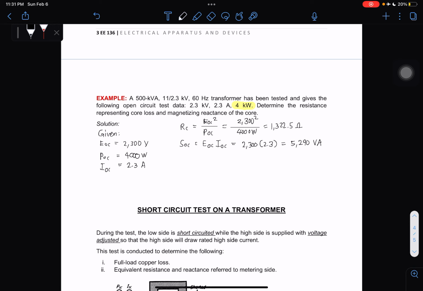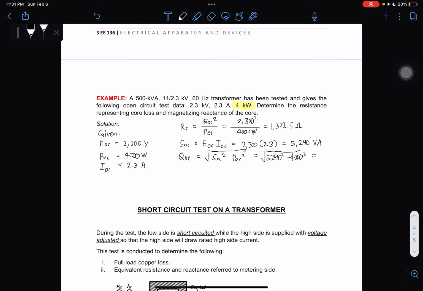Since naa na tay SOC, the apparent, pwede na pud ta makasolve sa atong QOC. So to solve for QOC, our formula, we have the square root of SOC squared minus POC squared, since naa na tanan na data. So we have 5,290 squared minus POC na to 4,000 squared.